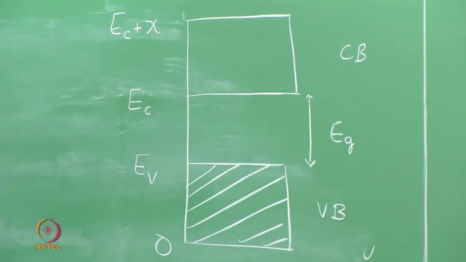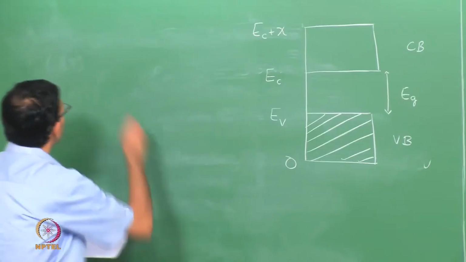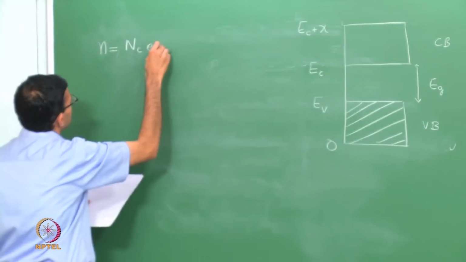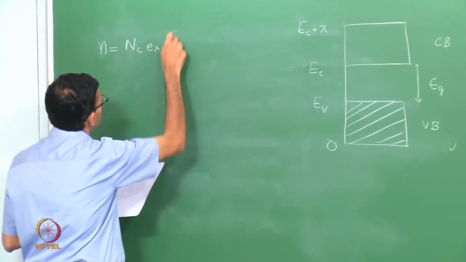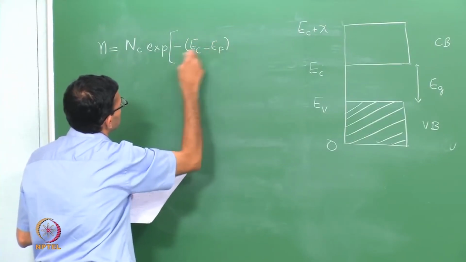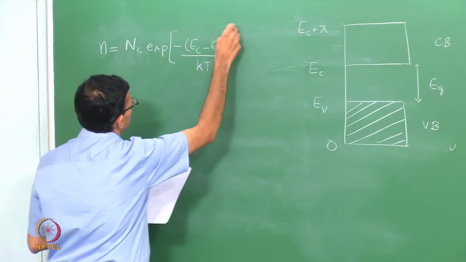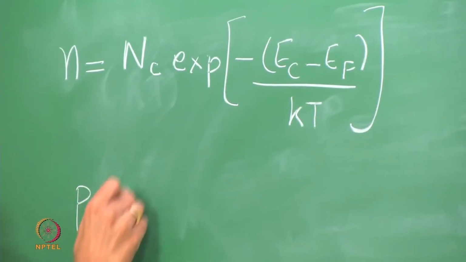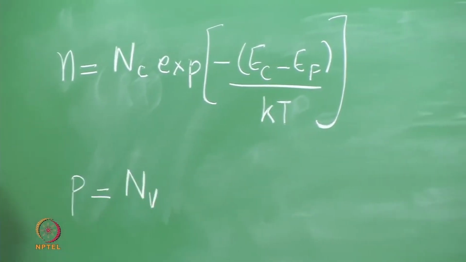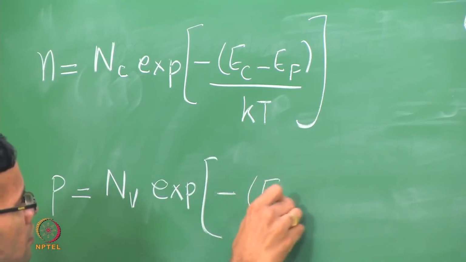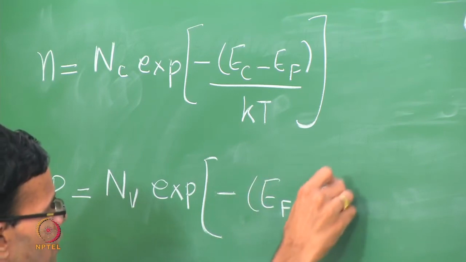We also wrote down expressions for N and P. N is NC exponential minus EC minus EF over kT, where EF is the Fermi energy, P is NV exponential minus EF minus EV over kT.